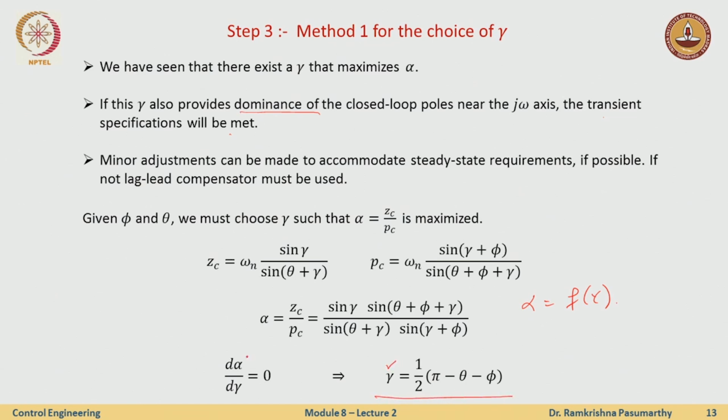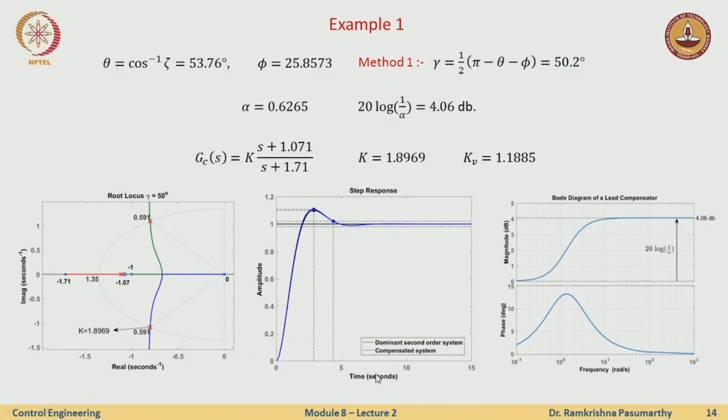This gamma maximizes the alpha. Now, the unknown when I was computing the location of the zeros and the poles was gamma. Now I get the gamma in terms of theta and phi. These two are known to me. So now I know where to place these poles and zeros, given a gamma.